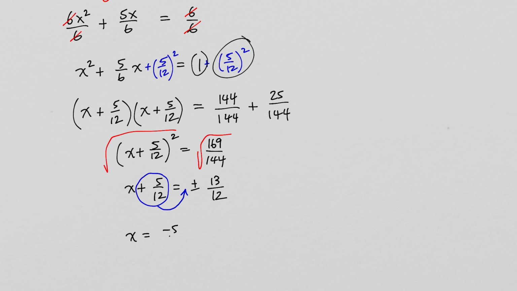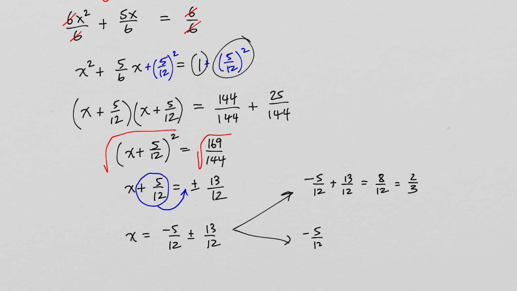So x is going to be negative 5/12 plus or minus 13 over 12. Notice we have very nice answers here. We have negative 5 over 12 plus 13 over 12, which is 8 over 12, which is 2/3. And the other answer is negative 5 over 12 minus 13 over 12, which is negative 18 over 12, which is negative 3/2.